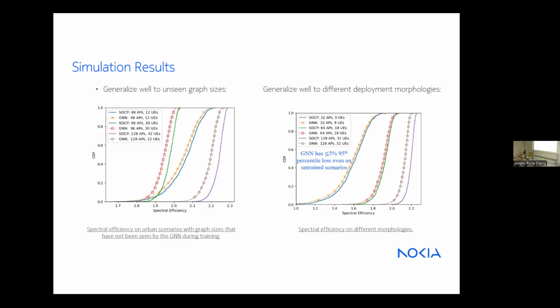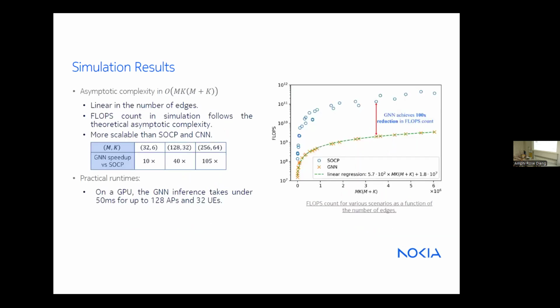But you might ask, then why do we even use it? The answer is you are actually 100 times faster than the optimal solution that you can do with an SOCP. And this 100 times improvement in speed basically makes it a candidate to be implemented on the network side, because now you can do it in about 50 milliseconds with a bad implementation that I did, but in about 25 milliseconds with a good implementation.